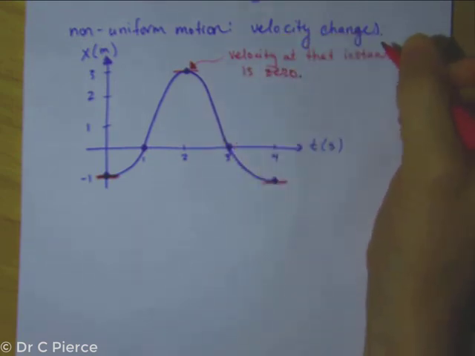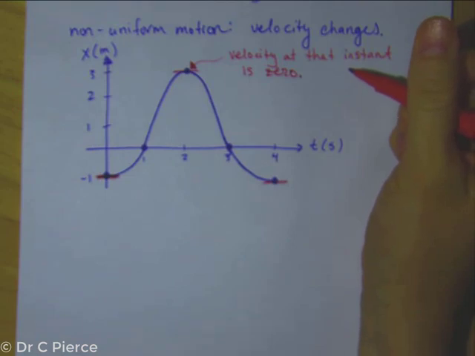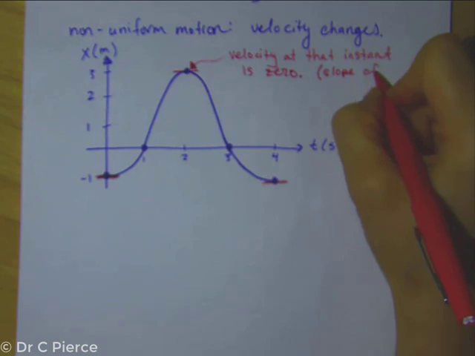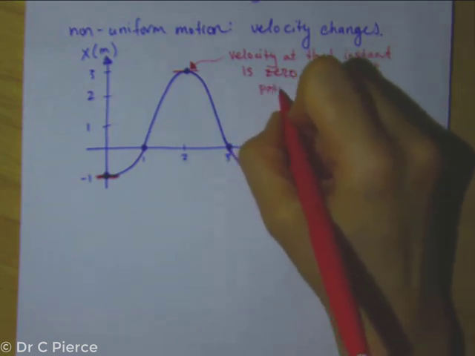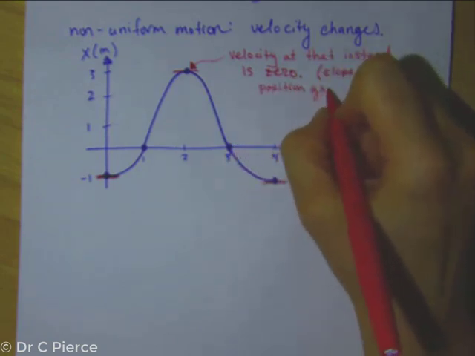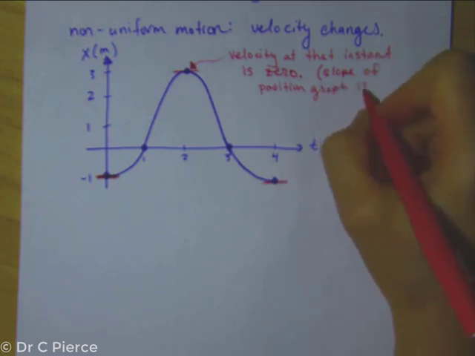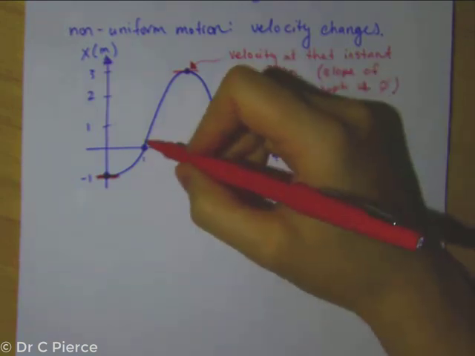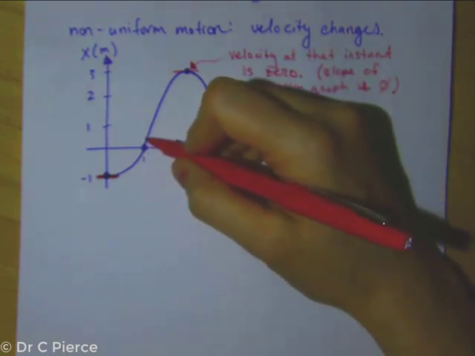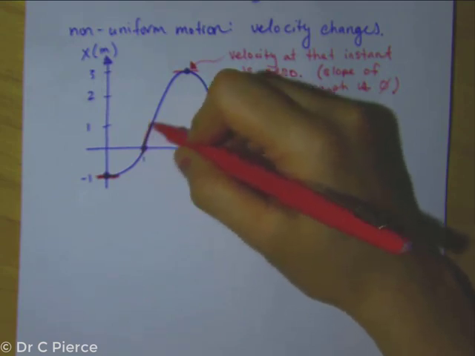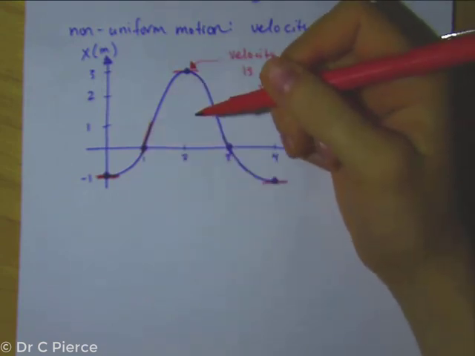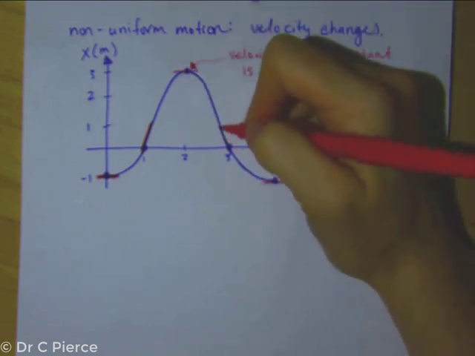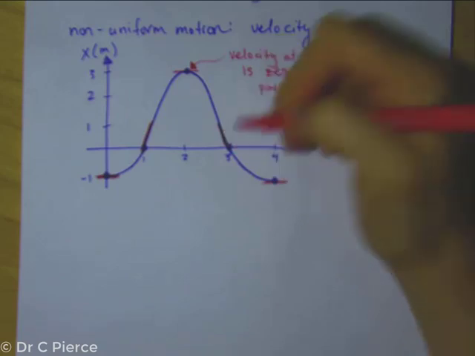And that's because the slope of the position versus time graph right at that point is 0. Here, it looks like it might have had the maximum positive slope, so that would be its maximum positive speed towards the right. And here could be the maximum negative speed, so its maximum speed to the left.